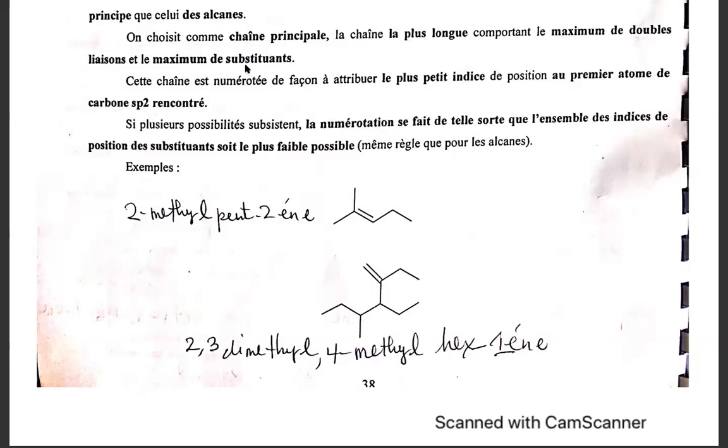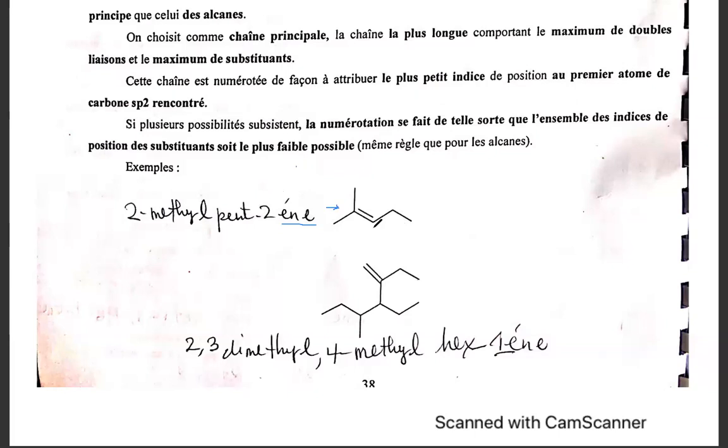It will be from this direction, because when we count, we have 1, 2, 3 at position 2, and when you count from the other side, it will be 1, 2, 3 at position 3. So 2 qualifies to be the lowest index, and this is our 2 here. Then the ending is ene, that is the suffix of the alcenes.